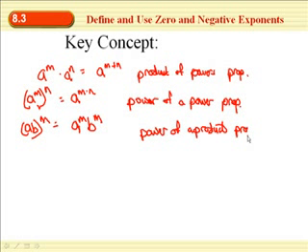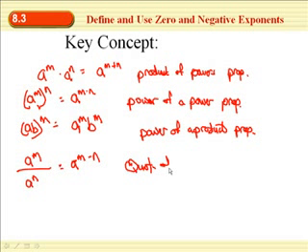Okay, these are from the last lesson. And then we had a to the m over a to the n. Actually these are from I think 8.1 and this one's from 8.2. a to the m minus n. That's the quotient of a power property.